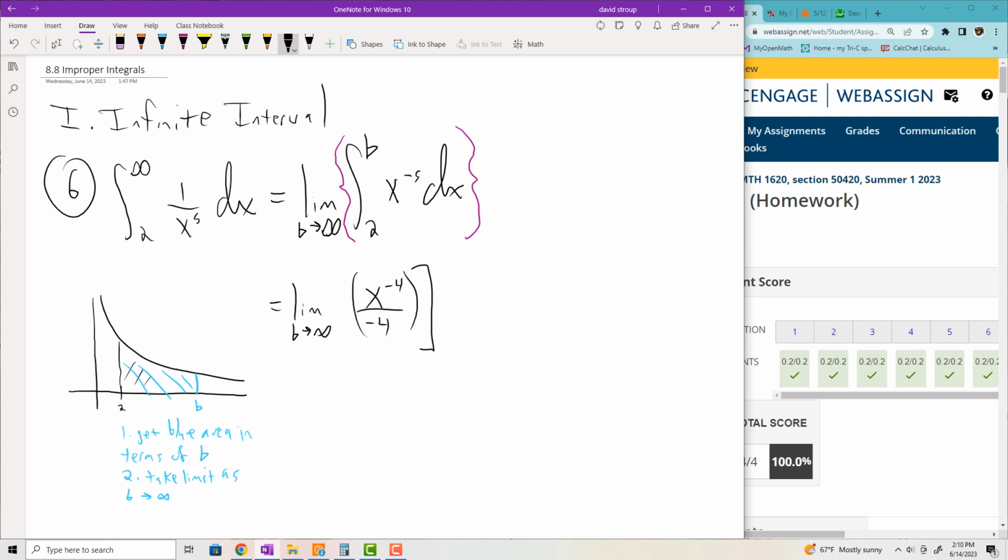And we have to evaluate that part from 2 to b. Okay. And still not even thinking about the limit yet. So plugging in b, well, you could make it look a little prettier at first. So this expression will be negative 1 all over 4x to the fourth.